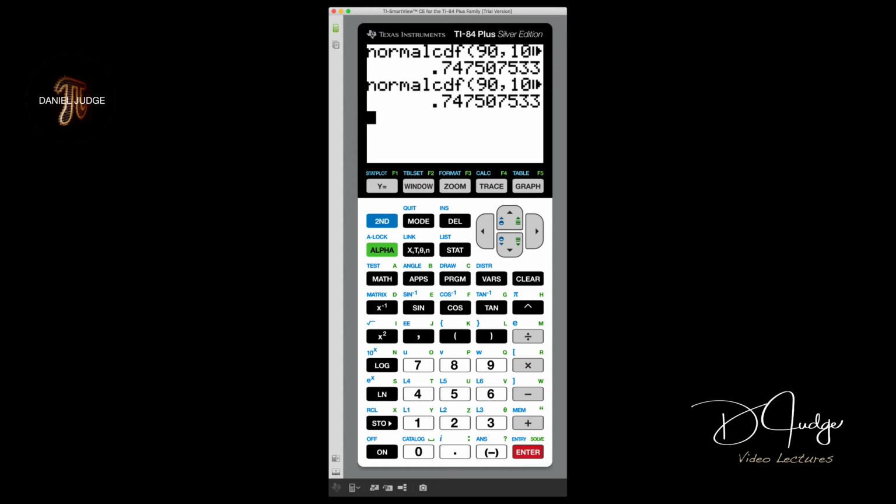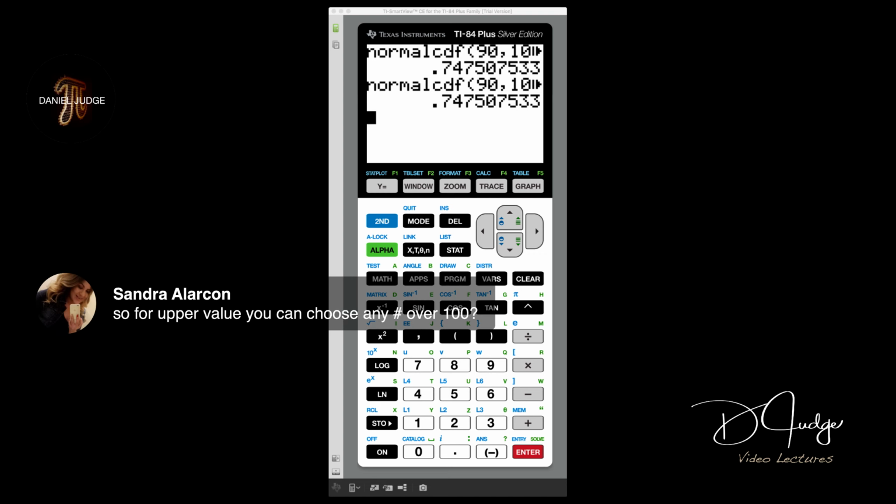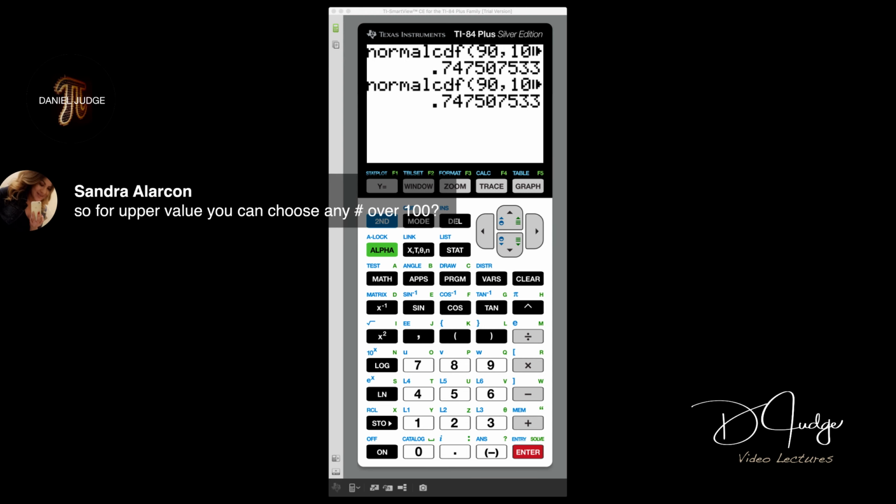Well, I'm just going to let you guys know. Looks like there's some approximation errors here. I'm not happy about that difference. I want it to be the same. And here's what Sandra is saying. Sandra, so for the upper value, you can use any number over 100. Yeah, use a bigger number. But as you guys can see, it seems like that's the same value, right?